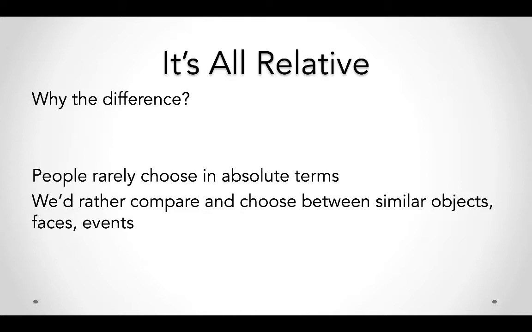Well, it's very simple. It's something that we talk about. It's relative to the range effect. $7 out of $25 is a big percentage, right? But $7 out of $455 is not as big. So we don't compare in absolute terms. We need to figure out how to choose by comparison.